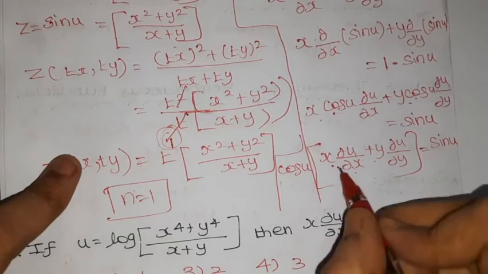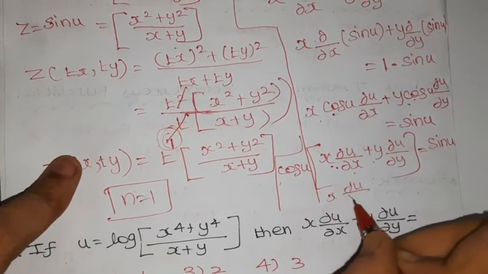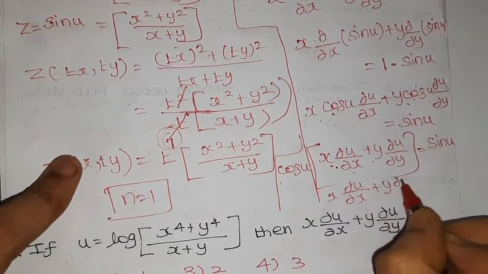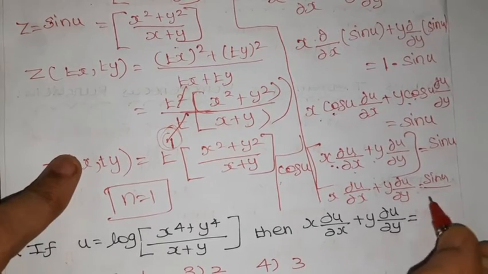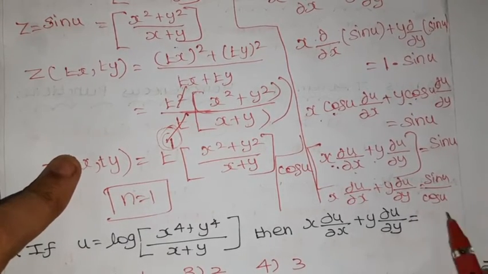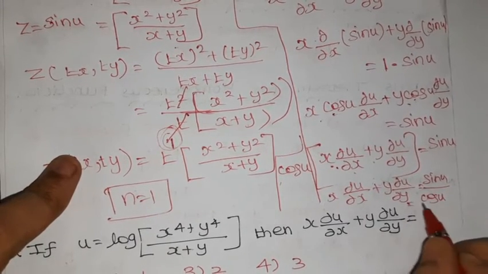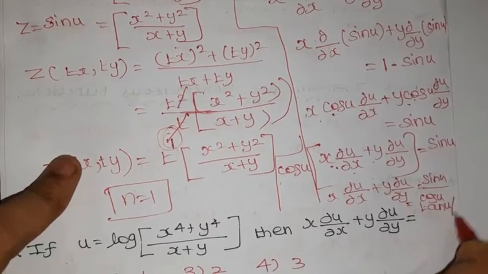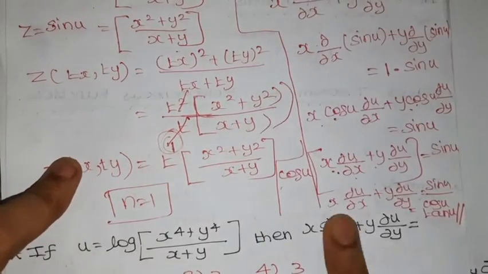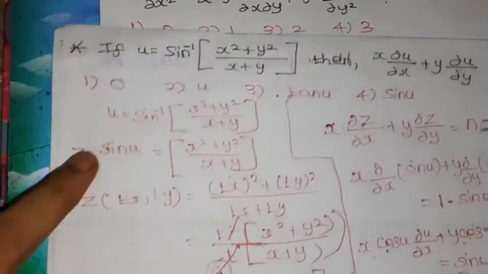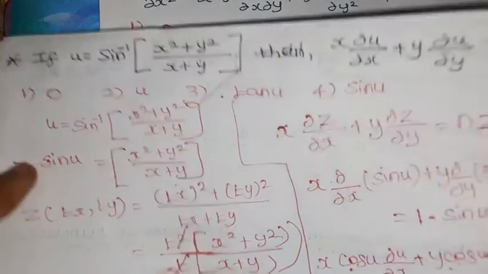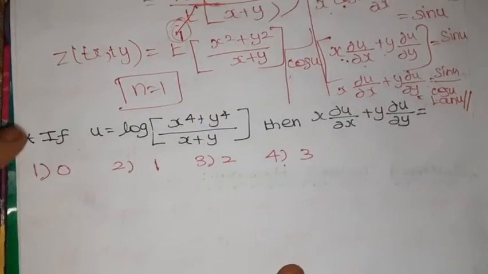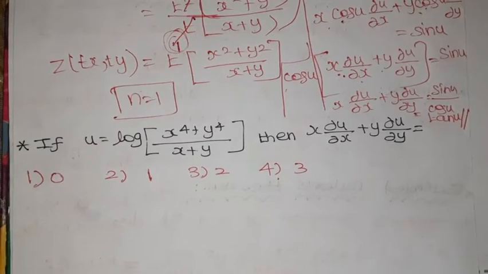Then what can we get? This cos u goes to that side as the denominator, sin u by cos u. Sin u by cos u is nothing but tan u. So x dou u by dou x plus y dou u by dou y equal to tan u. Option 3 is the right option for this question. Then we'll move on to the next problem.